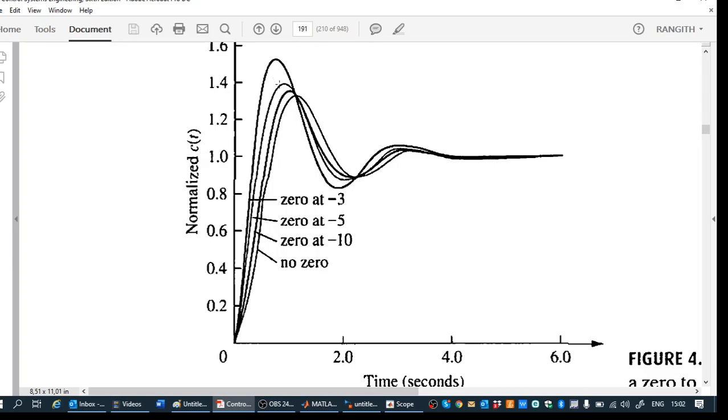When you distance it a bit and it goes to -5, you'll see that the overshoot dips a bit. The further you go, at -10, the overshoot again goes to a lower level. While if you have no 0, then your overshoot remains the lowest of all of these, right? You can see that although it has some variations here, they all have a settling time which is very close by.